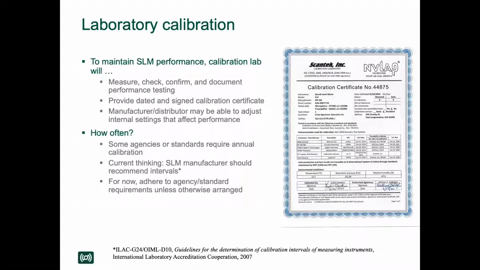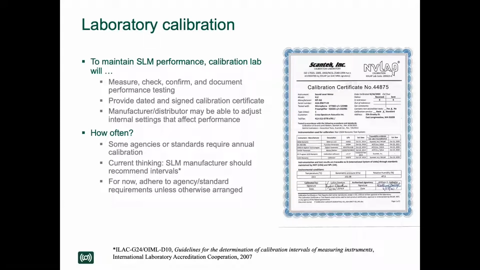So starting with laboratory calibration, to maintain a sound level meter performance, a calibration laboratory can measure, check, confirm, and provide documentation for performance testing, and should provide a dated and signed calibration certificate. In some cases, especially when a calibration laboratory is operated by the instrument manufacturer or distributor, the lab may be able to adjust internal settings that affect acoustical performance.